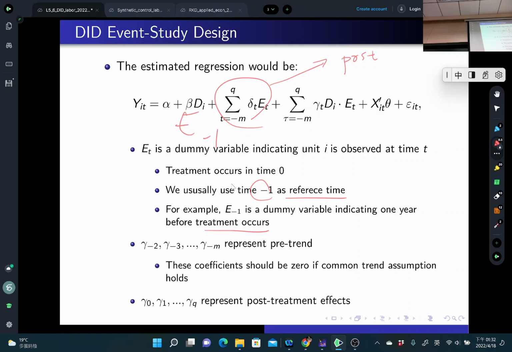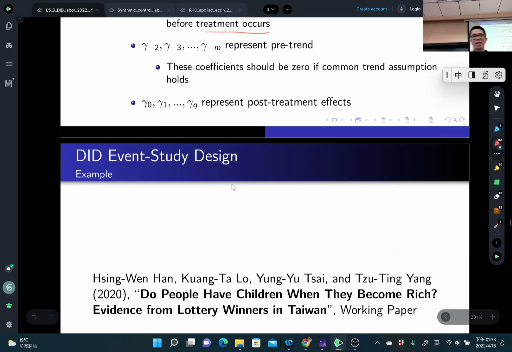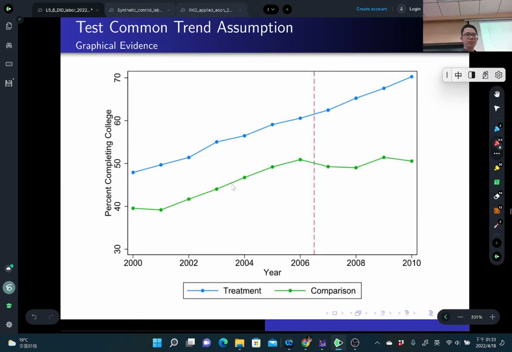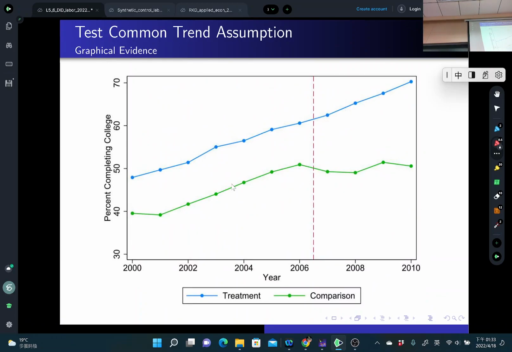So we can measure each year's impact of the treatment on the outcome. And also, we want to examine before treatment happened, this difference between the treatment group and control group should be very similar to the reference time. Because before treatment happened, there shouldn't be a change in the difference between the treatment group and control group. This difference should be constant because they have the same trend. So they are constant over time, compared with the reference year.